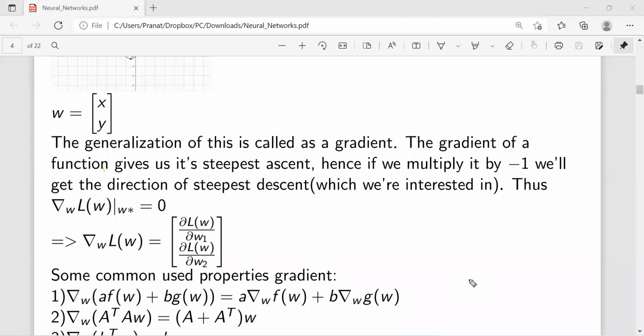Gradient returns you a vector. Hence, we say that we get the direction of the steepest ascent. The direction term implies that we get a vector value, and we multiply it by -1. So if a vector is in this direction, we get the gradient. We multiply it by -1 to get the steepest descent, which we want.